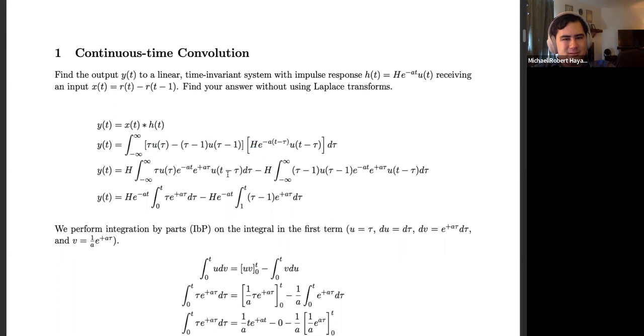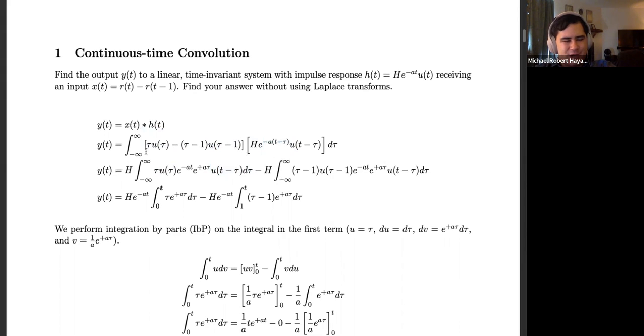So we'll have h integral of tau u of tau e to the negative at, e to the plus a tau, u of t minus tau d tau, minus h integral from negative infinity to infinity tau minus 1 u of tau minus 1 e to the negative at e to the plus a tau u of t minus tau d tau. We broke up the integral.